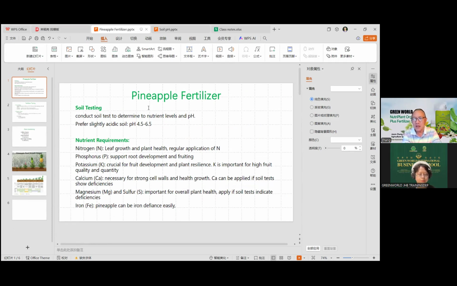The calcium. A lot of time some plants, if you have deficiency in calcium, you will see the fruits rotting. I had several years my tomatoes rotting. This is a tomato.